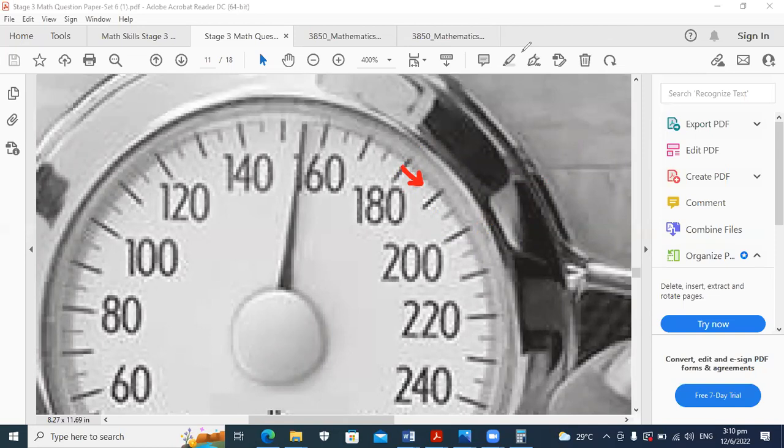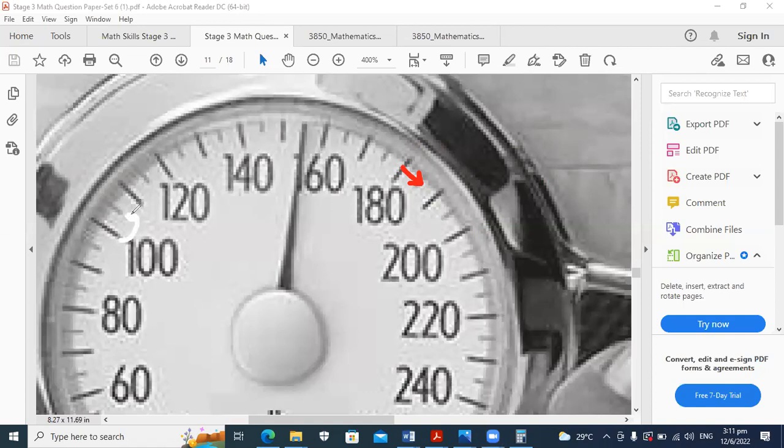Yes, sir, I'm agreeing with you, you were doing it right. Look at 100, right? If you go by 5, this would be 100. This will be 105.